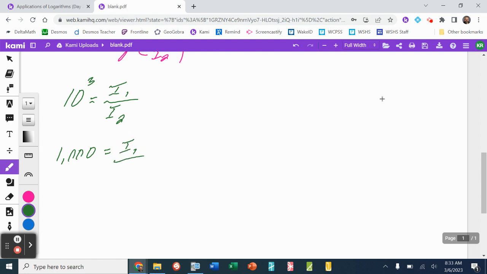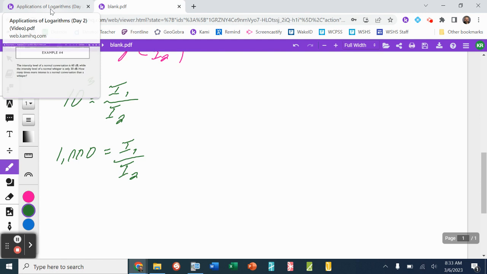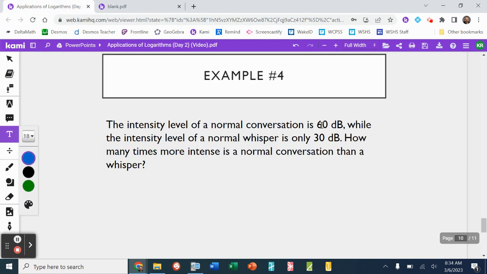And so the intensity of that normal conversation turns out to be about 1,000 times as intense as the rating for a normal whisper at 30 decibels. Remember when I said the average person would probably look at this problem and say twice, because 60 decibels is twice that of 30 decibels?